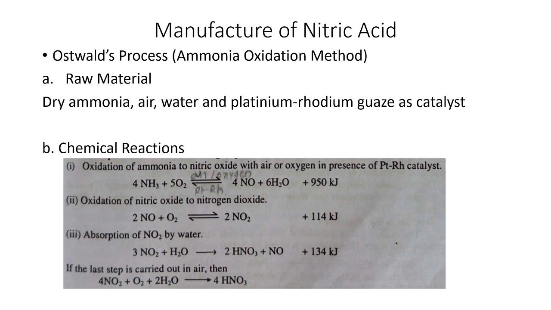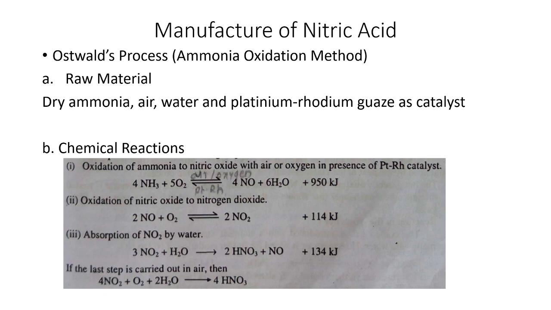In sulfuric acid also sulfur is oxidized to sulfur dioxide, then sulfur dioxide to sulfur trioxide, and at the end it is hydrolyzed. Similarly here the same process is followed, but before that we'll see what the raw materials for the Ostwald process are.